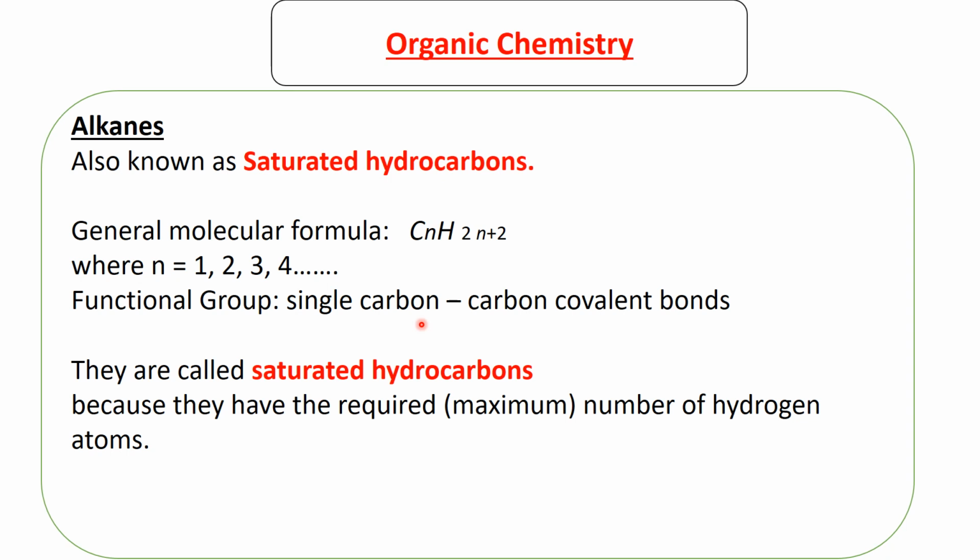Let me say that again. The maximum number of bonds a carbon atom can form is 4. So for alkanes, all the carbon atoms have 4 bonds, meaning that all of their bonds are occupied either by hydrogen atoms or carbon atoms.